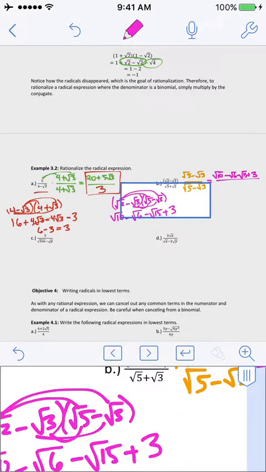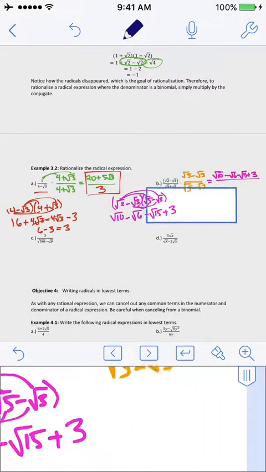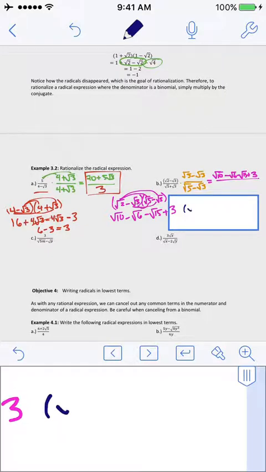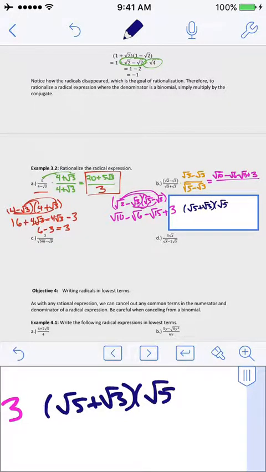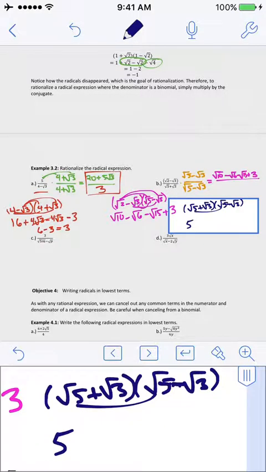Let's do the second one. Hopefully the second one ends up getting rid of the radicals. It should. That was kind of the whole point. Root 5 plus root 3 times root 5 minus root 3. A lot more in common here than the last one. Root 5 times root 5, root 25, or 5, right? Root 5 times negative root 3 is going to be negative root 15.